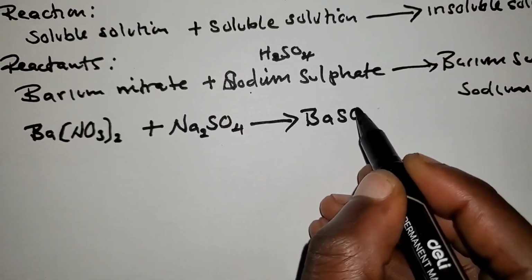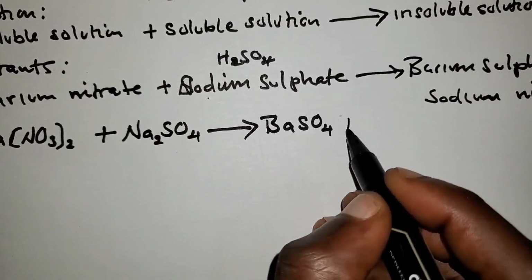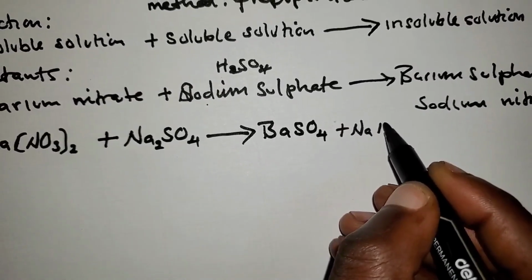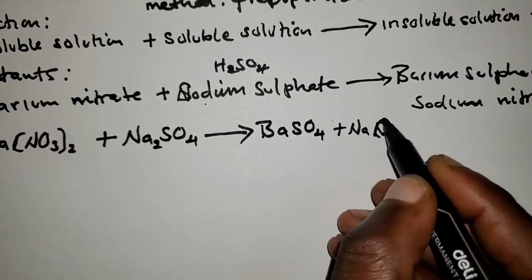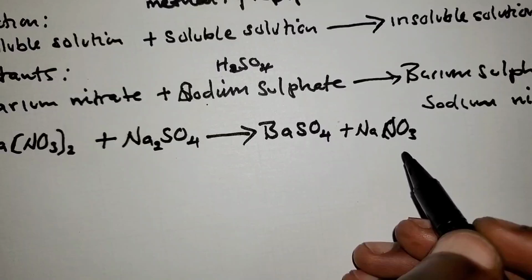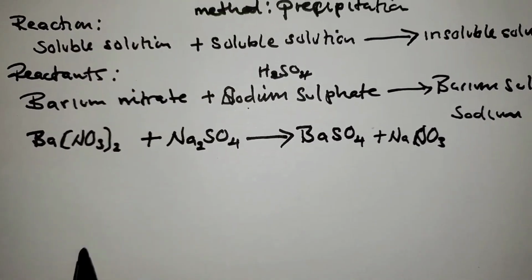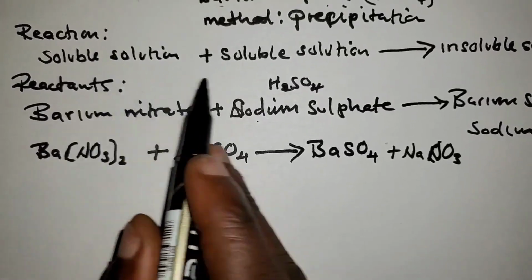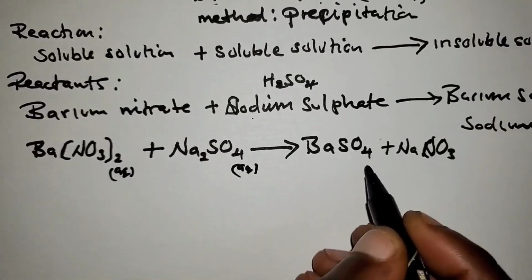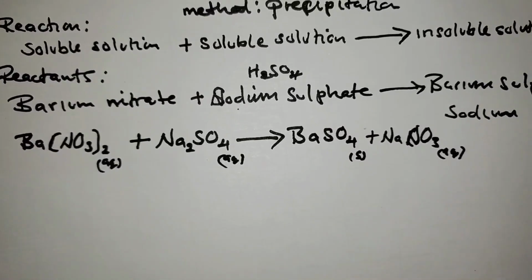Barium sulfate also has a valence of 2, so it will be BaSO4, and sodium nitrate, NaNO3, because sodium is in group 1 and has a valence of 1, and nitrate has a valence of 1 as well. Now when it comes to state symbols, since these are all solutions, this will be aqueous, this also aqueous, but barium sulfate will be a solid, and this one will be in aqueous form.